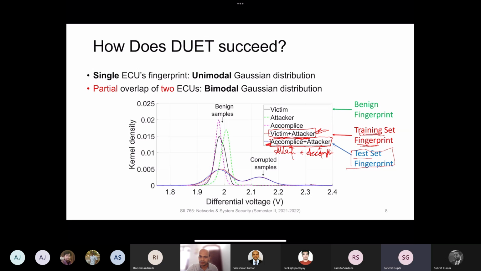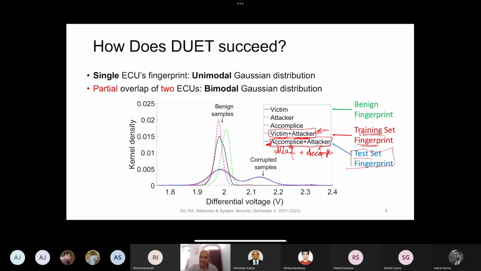Shouldn't it be two different things? Yes, that is correct. These are two different things. So when I'm showing you this plus sign, it is not actually a plus sign here. ML algorithms are able to differentiate even if there is some significant difference in the distribution.